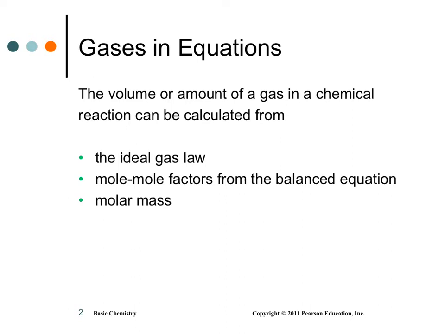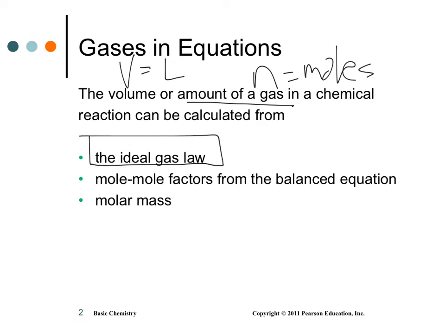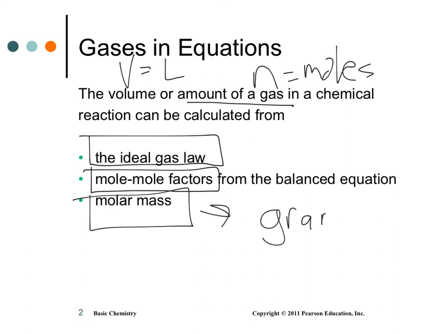All right, so the gas law is an equation. The volume, if we're talking about volume, that's going to be in liters. Or the amount of gas, the moles. And a chemical reaction can be calculated from the ideal gas law. It can be determined from mole to mole factors from a balanced equation and molar mass. Those of you that were on the Zoom would know that that is going to be measured in grams per mole.